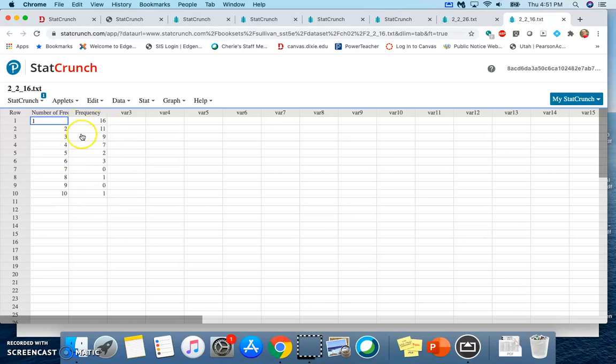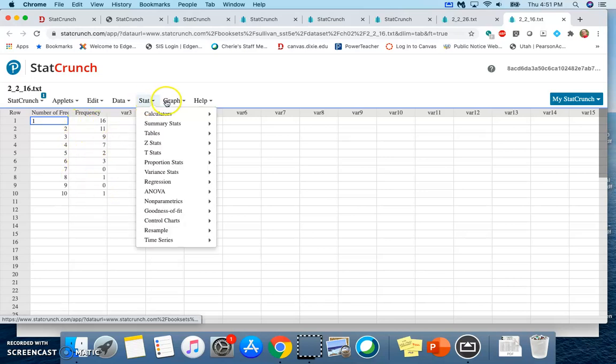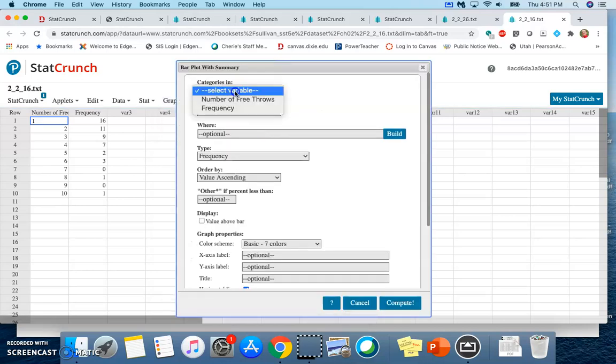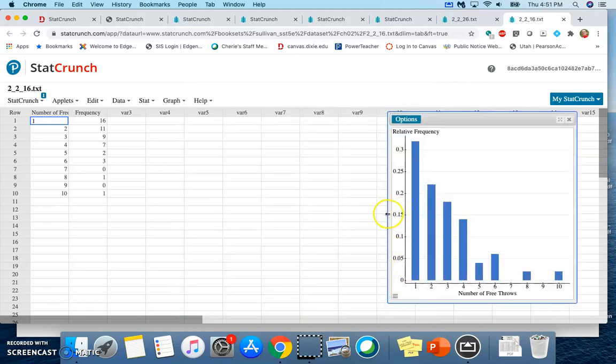I've just got the frequency distribution. One of the workarounds is to do a bar plot with summary, because the categories are the number of free throws and the counts are the frequency. So I want to do a relative frequency on this bar graph and put the values above the bar.